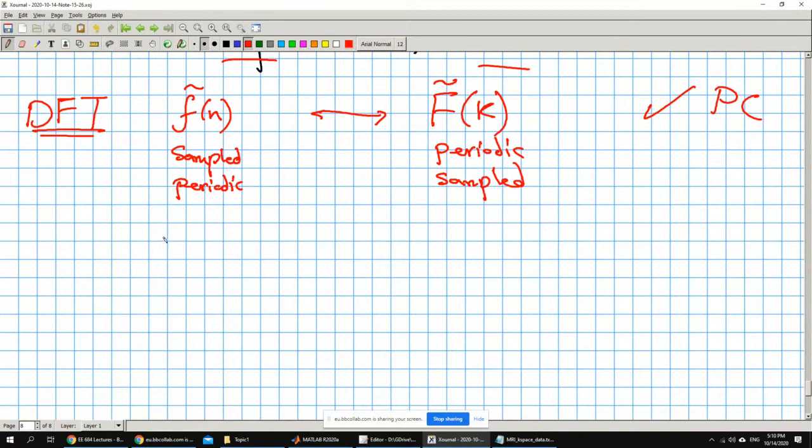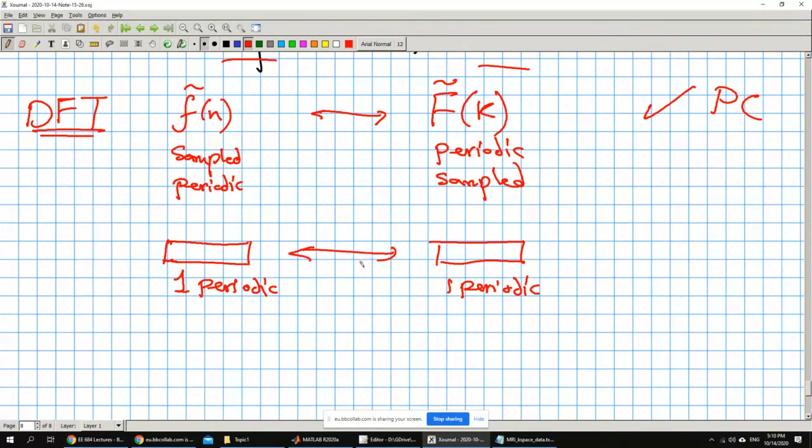But as long as you use only one period here and one period there of the periodic function, then you have a transformation that is achievable on a PC.